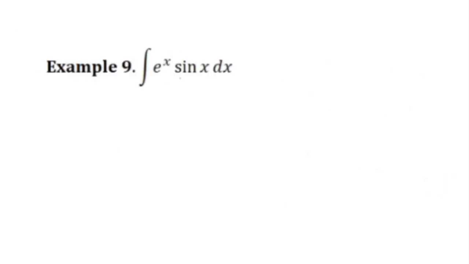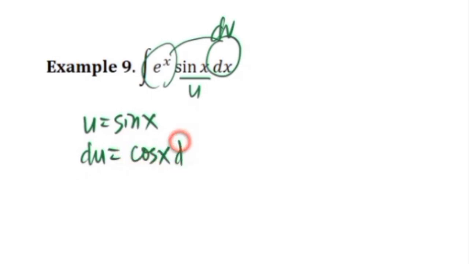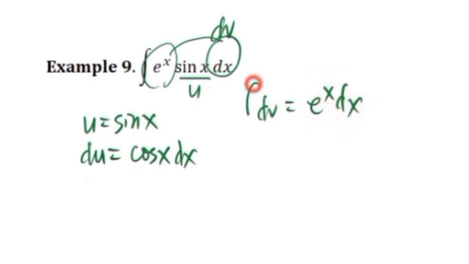What if we are going to let this sine x here as our u and e to the x dx as our dv? So u is equal to sine x, then du is equal to cosine x dx. So dv is equal to e to the x dx. Taking the integral, v is equal to e to the x.